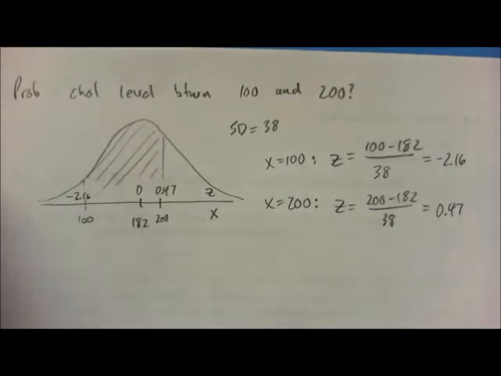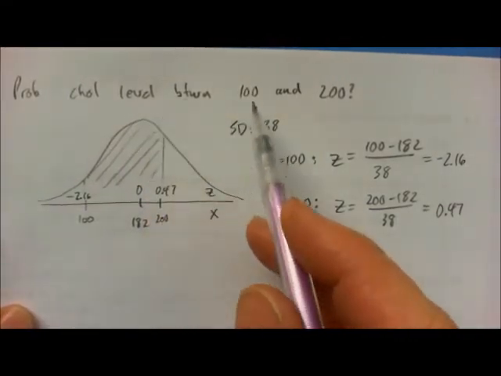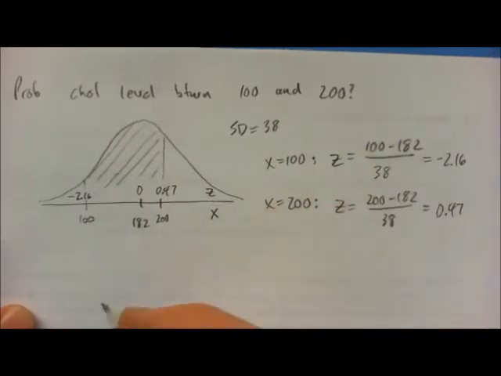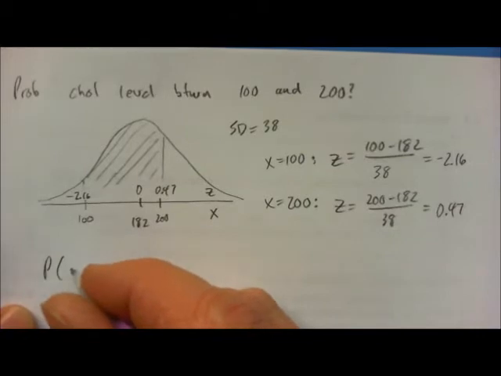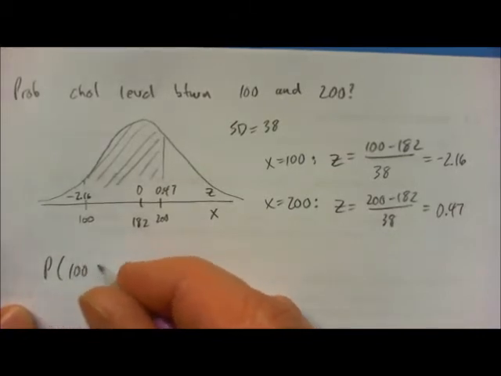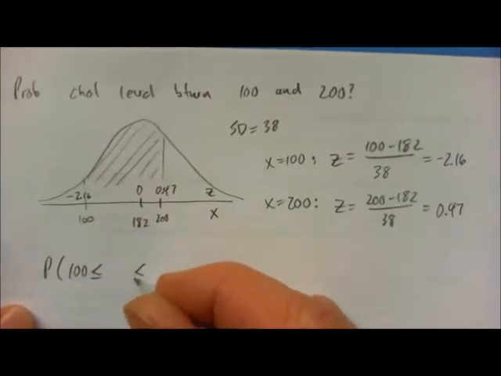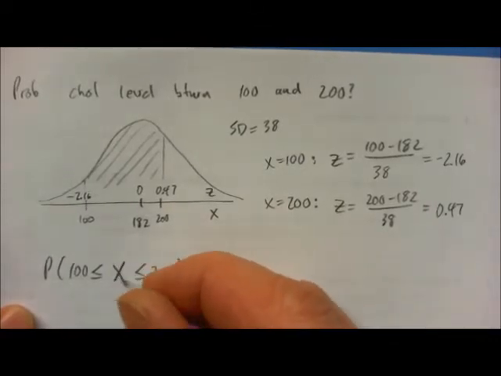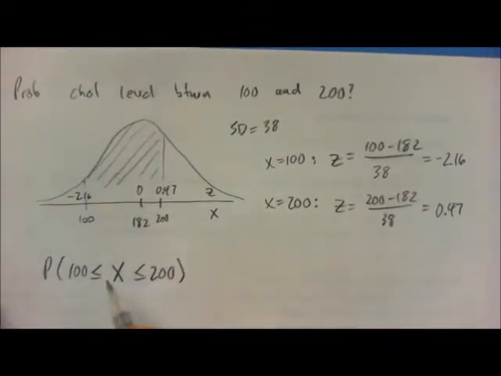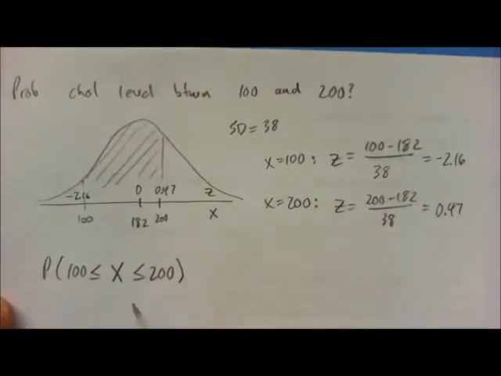Now, let's use some notation like we used before. If we're looking for the probability of a cholesterol level between 100 and 200, let's write that like this. We want the probability of being between 100 and 200. But remember, for data values, we're going to use x rather than z. So we want the probability that x is between 100 and 200.